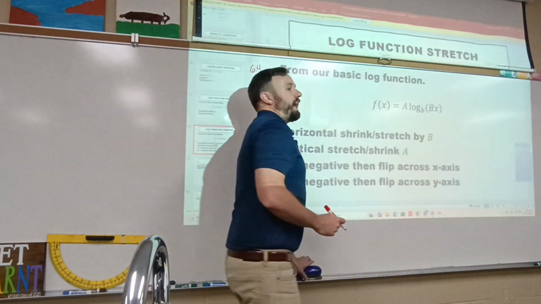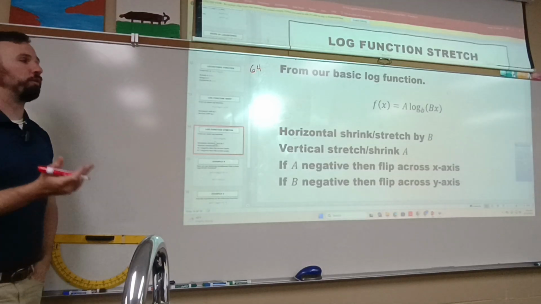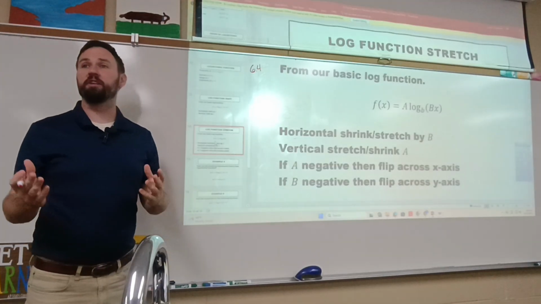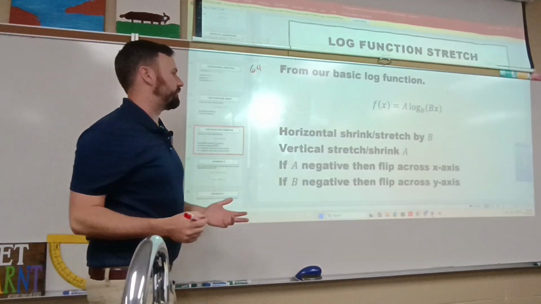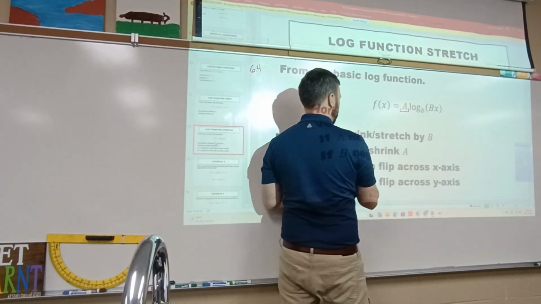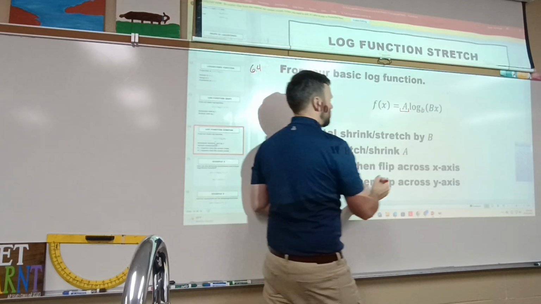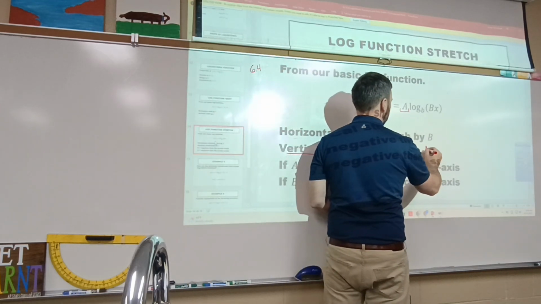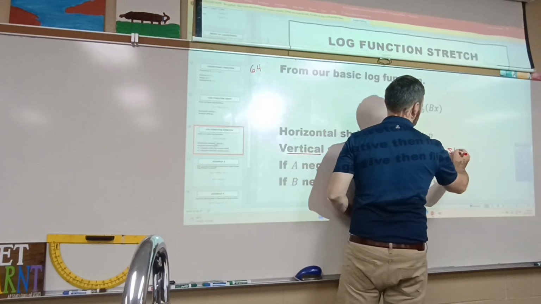I will say we're going to add one new thing to this. Earlier when we learned this, I just had you call it a stretch or shrink. You didn't have to call it one or the other. Now we have to start calling it one or the other. If the number's in front, it is a vertical change because it's affecting the y. Remember, if a is bigger than 1, it is a stretch.